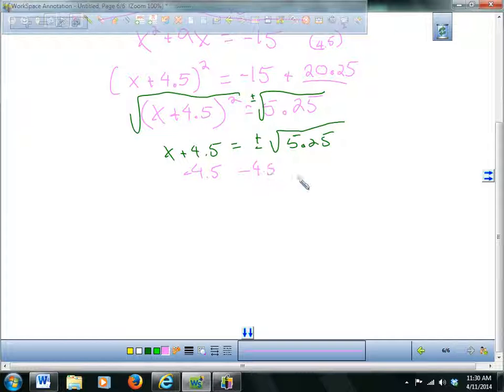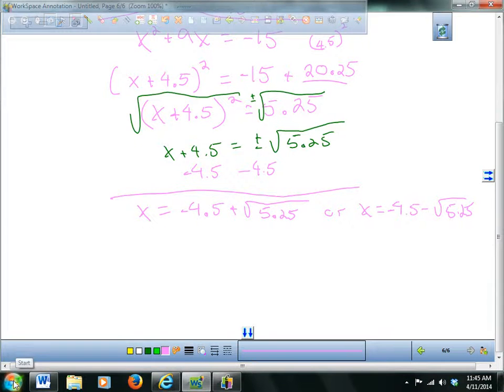And when I do that, now I have x equals negative 4.5 plus the square root of 5.25, or x equals negative 4.5 minus the square root of 5.25. And you can figure out those two answers on your calculator. Let me bring up the calculator, okay? Real quick.